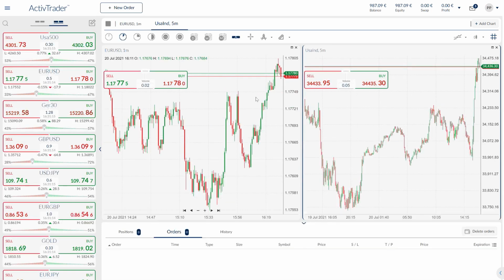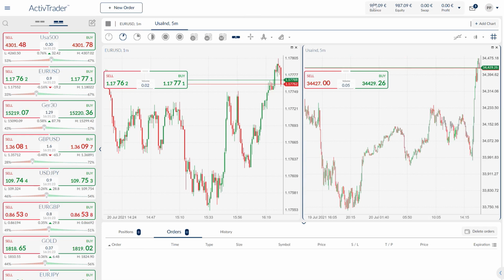Okay, so what we're going to care about doing now is that this is where your balance is, okay, and so on. So there are a few things that you might want to be aware of. If you open the account in Luxembourg, you're going to be affiliated as a European broker. Okay, so the thing is, the affiliated European brokers have some rules to follow.